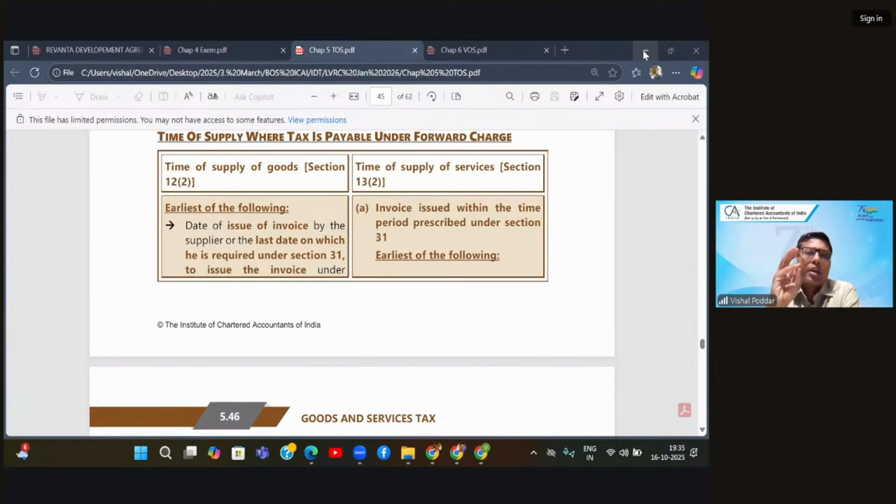So the special scenario for supply of goods is where the goods are sent on sale or approval basis. Now we all understand what is sale on approval basis. So if you are purchasing a goods, the model is such that I will send you the goods, but that is not the conclusion of supply.